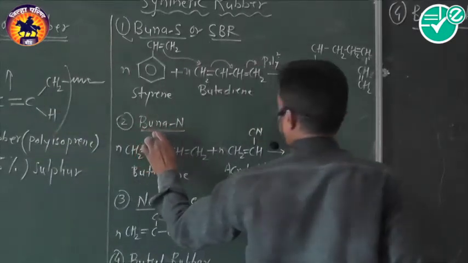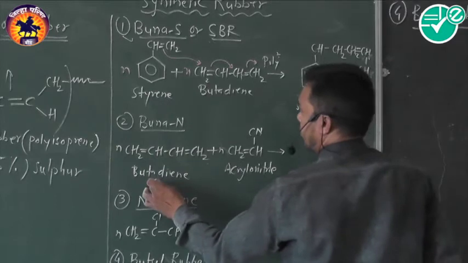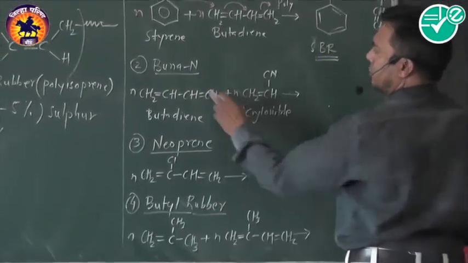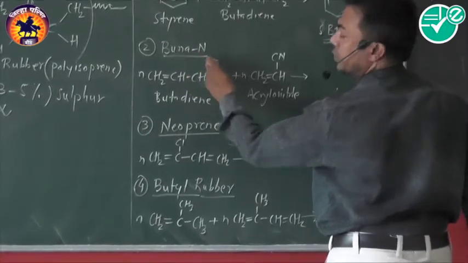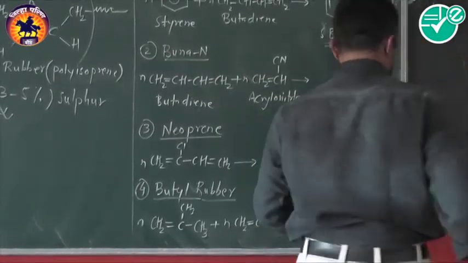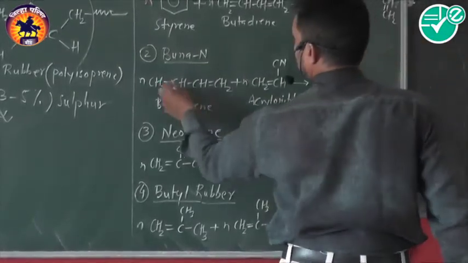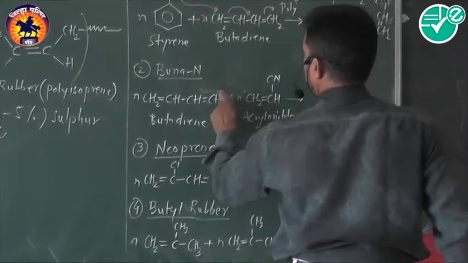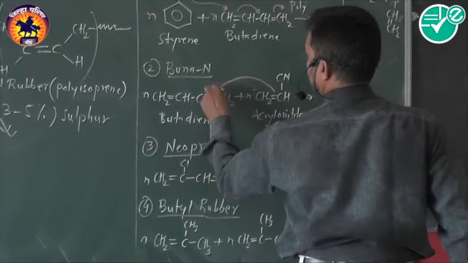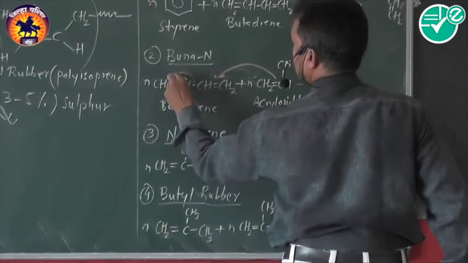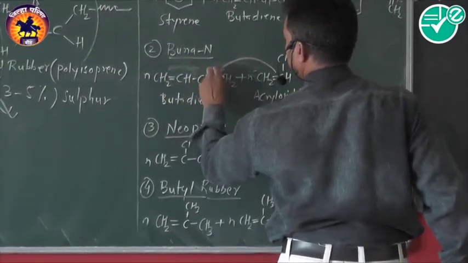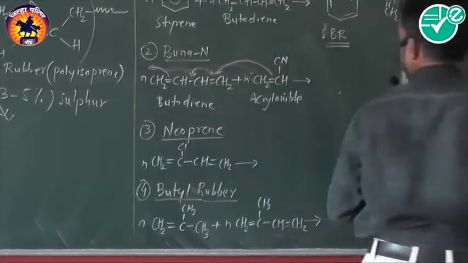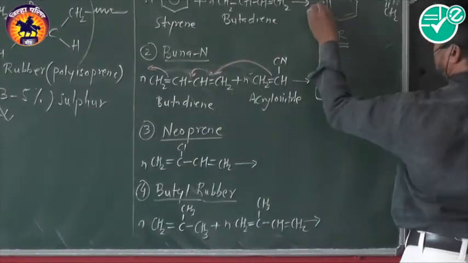Now Buna-N is obtained from butadiene with acrylonitrile; we shortly call it Buna-N. This also undergoes polymerization, with formation of the polymer material.